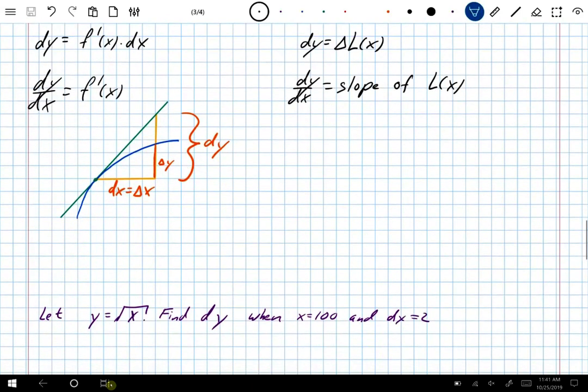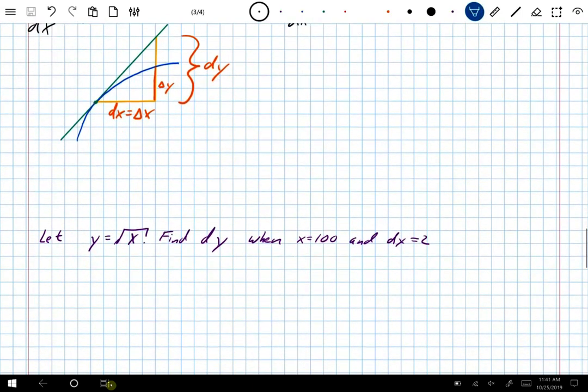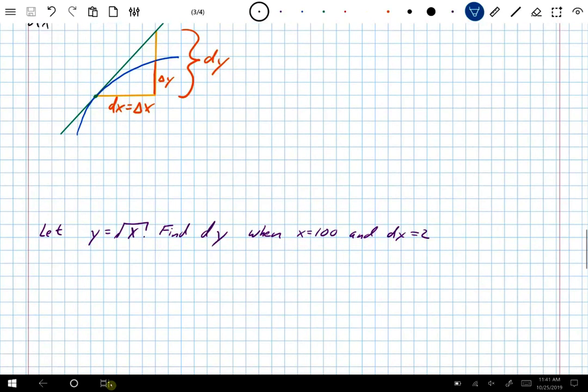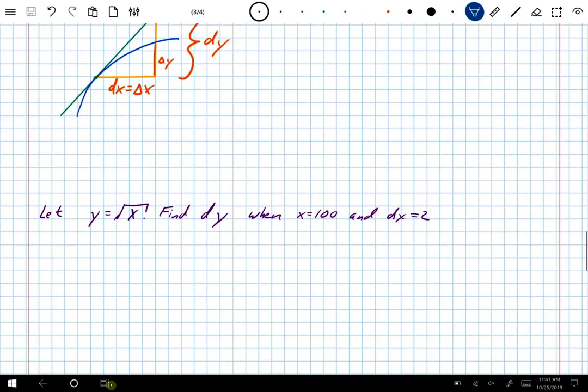Let's just do one quick example of this to try to hammer it home. Let y equal the square root of x, just like before, and we're going to find dy when x is 100 and dx is 2. This should look familiar. Working through this again, we have an x value that's going to be 100.